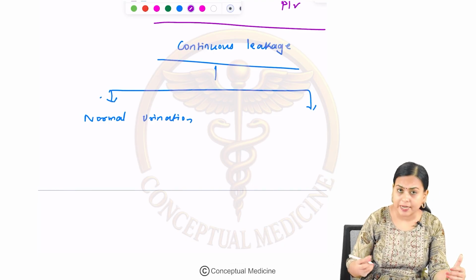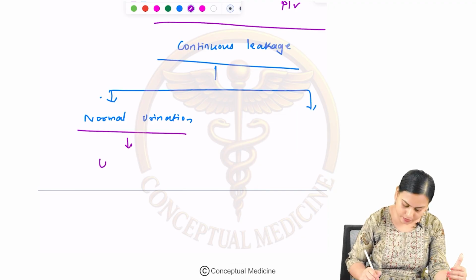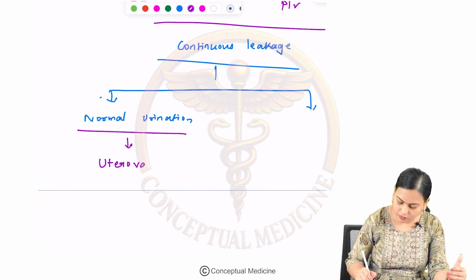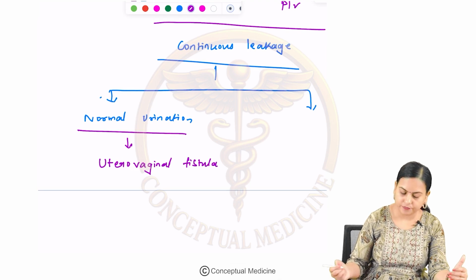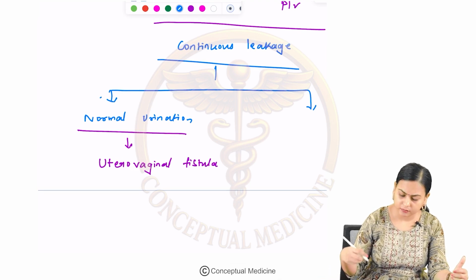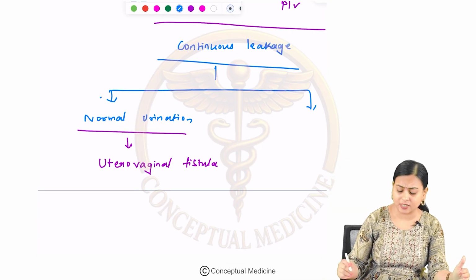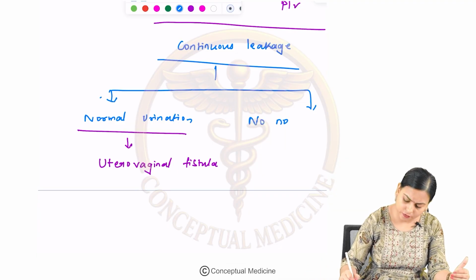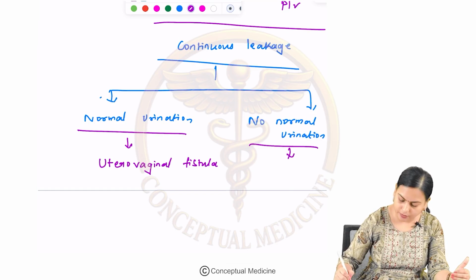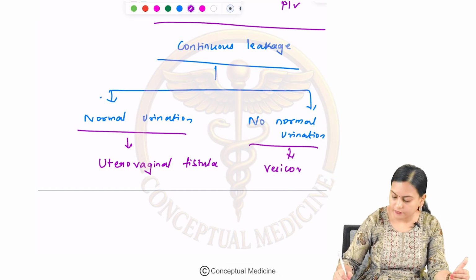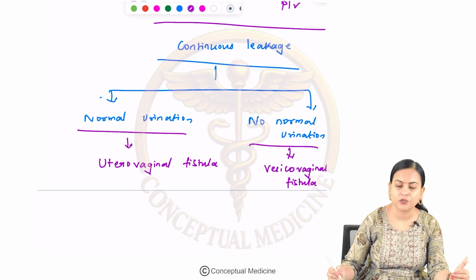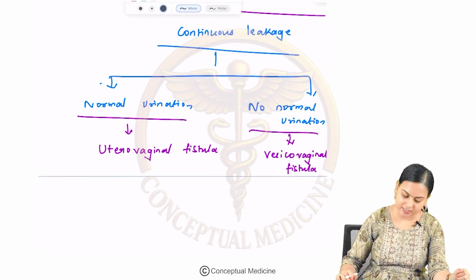If that is happening, then it should be a ureterovaginal fistula, okay, and if only continuous leakage is there, but there is no normal urination, that will be mostly a vesicovaginal fistula. Clear?